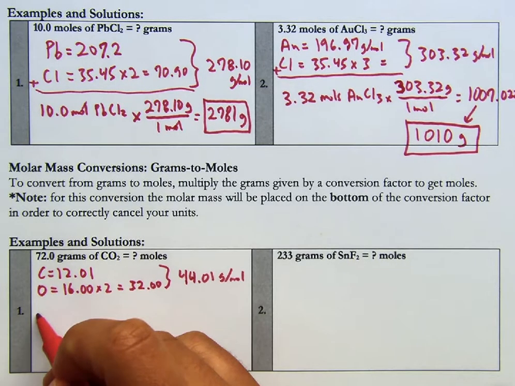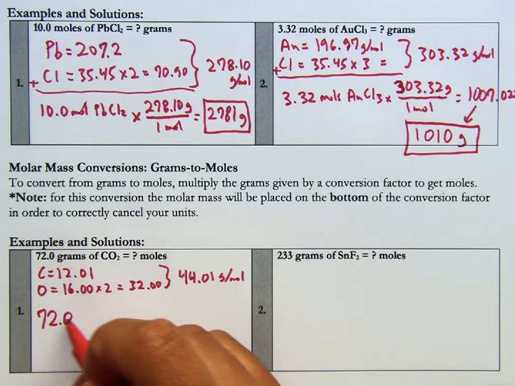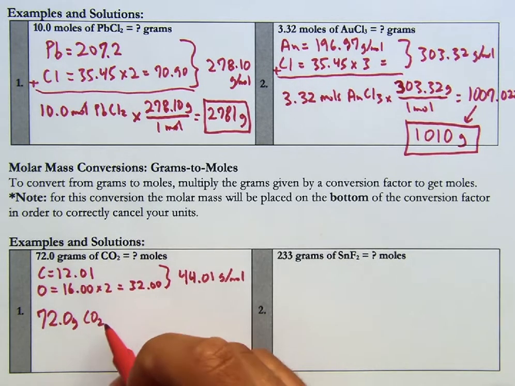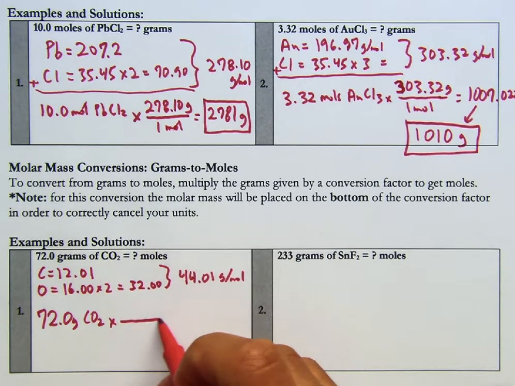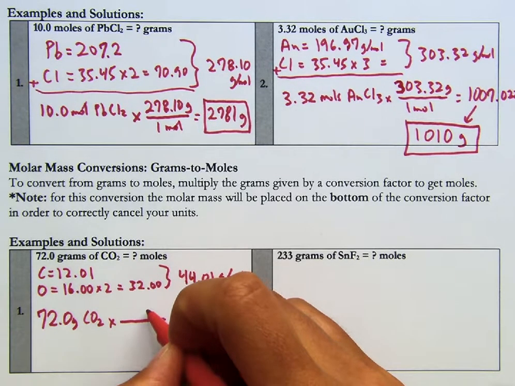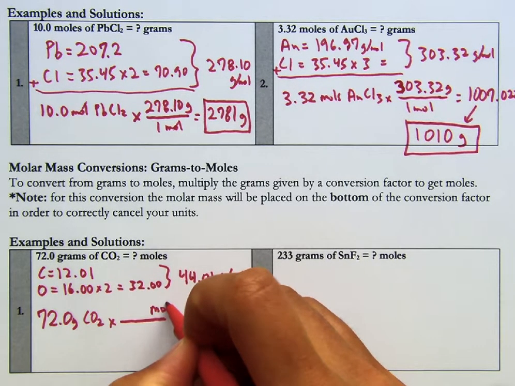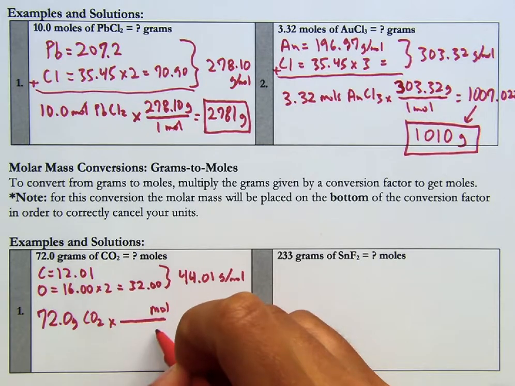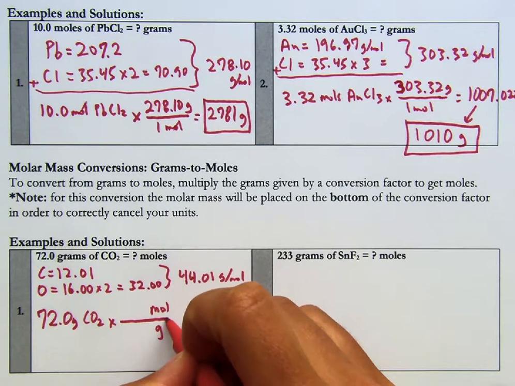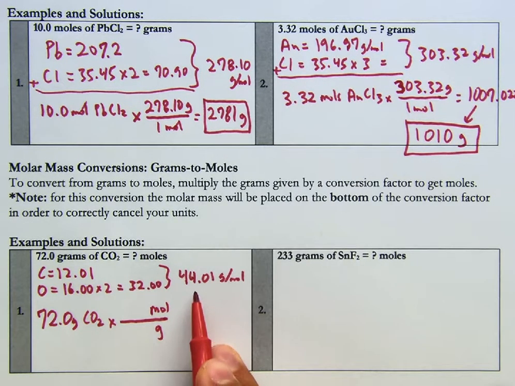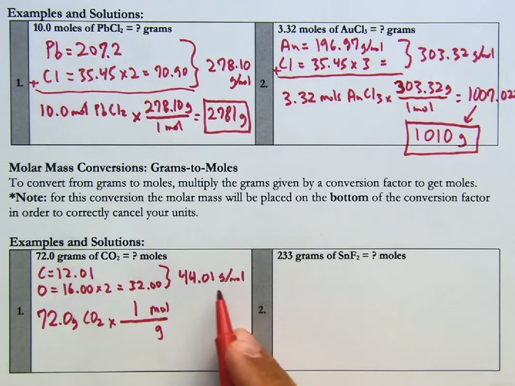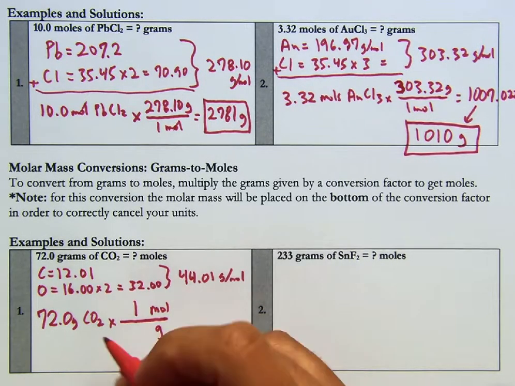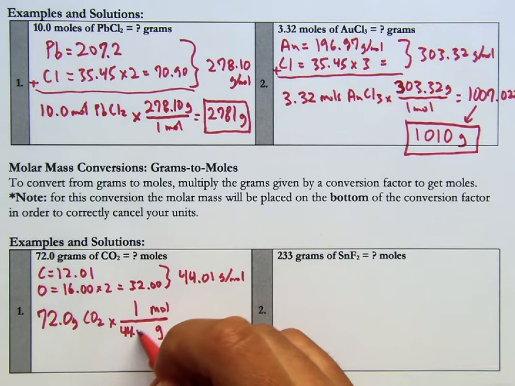Now, if you have 72 grams of CO2 and you're trying to convert it to moles, mole goes on top, and what you want to get rid of or cancel out, grams, goes on bottom. Now we just figured out that 1 mole of CO2 is 44.01 grams, so 44.01 goes on the bottom.